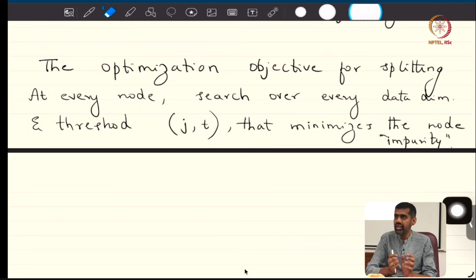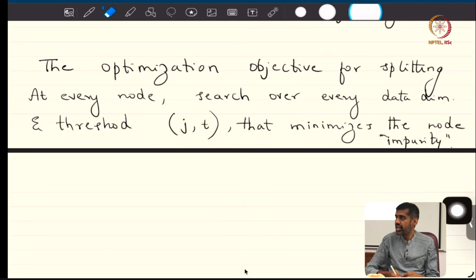So, when you define a subset of region, subset of data as a region and you define goodness or purity of that region, a good metric is the one, or rather a good split is one, a good region is one which contains samples from only one class, right. Probabilistically, what does this mean?